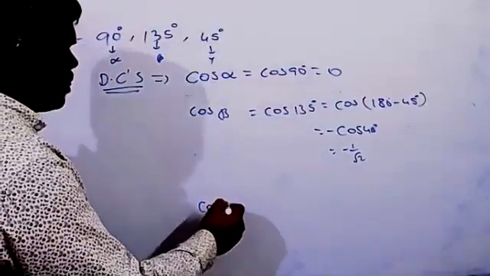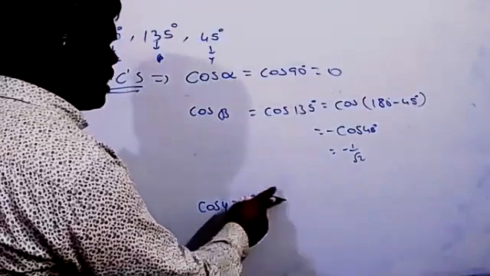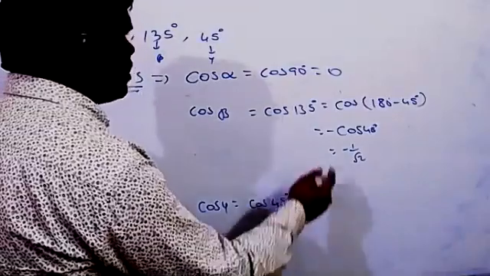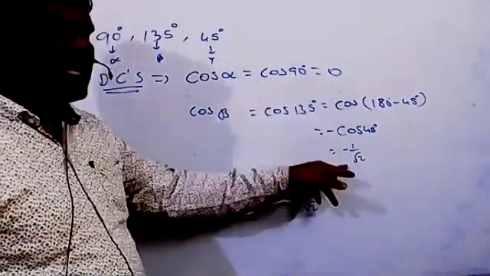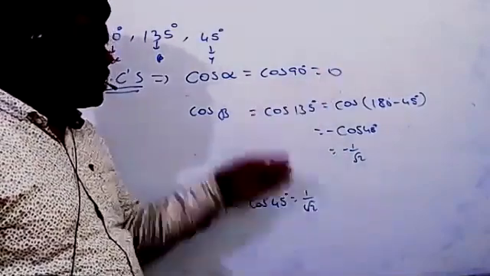And the third one, cos gamma, where gamma equals 45. Cos 45 degrees is clearly 1 by root 2. So 0, minus 1 by root 2, 1 by root 2 are the direction cosines of the line.